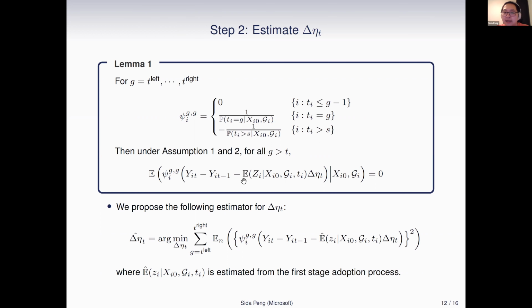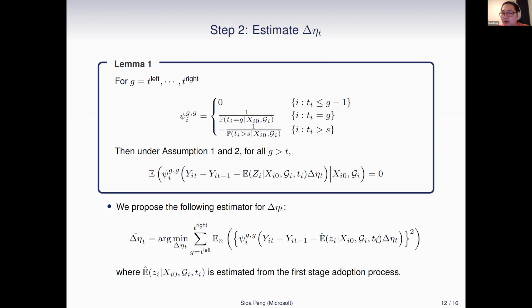In our estimation, this part will be plugged in with the first stage estimate, and by using a least squares estimate, we will be able to estimate the delta eta t.